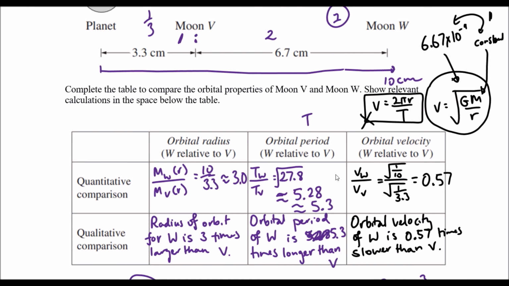Might just change that. So 0.7 times the velocity of V, hence slower. Okay, and that's how you do the response to this little table here.